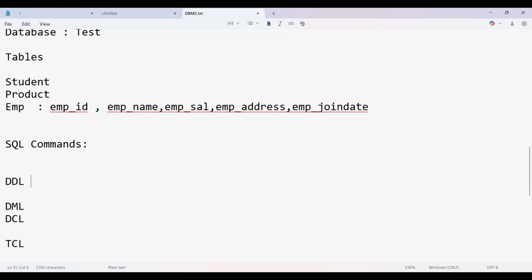DDL includes the create command, alter command, truncate command, drop command, and rename.